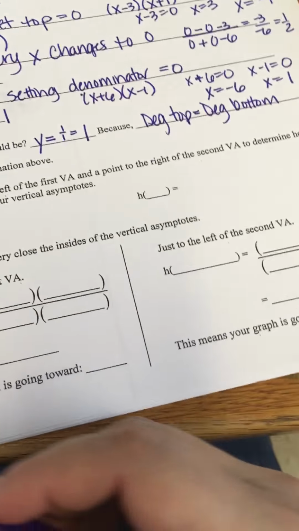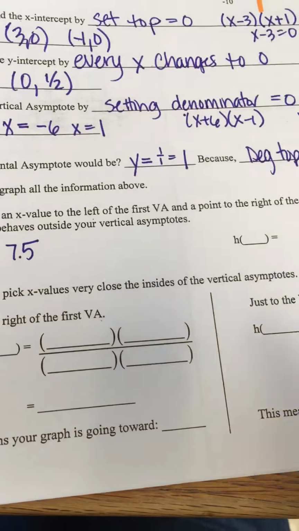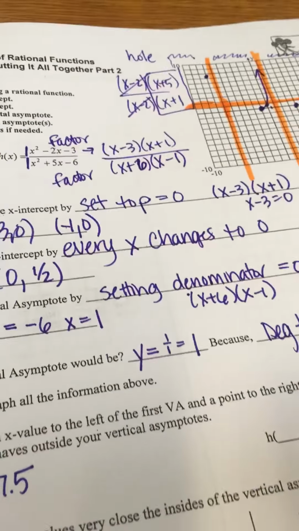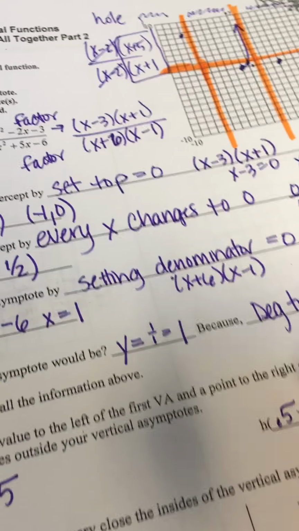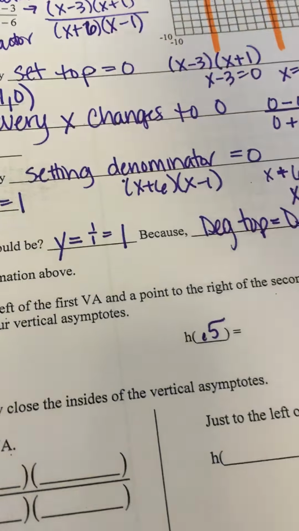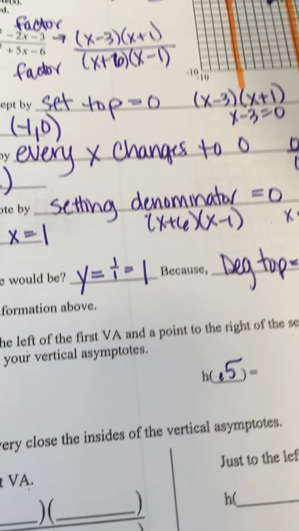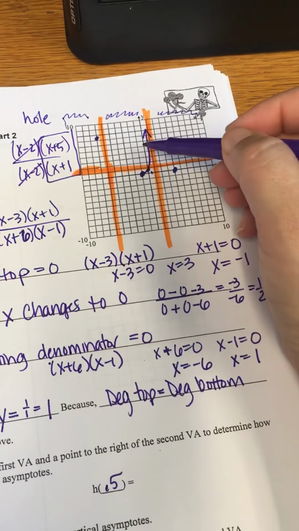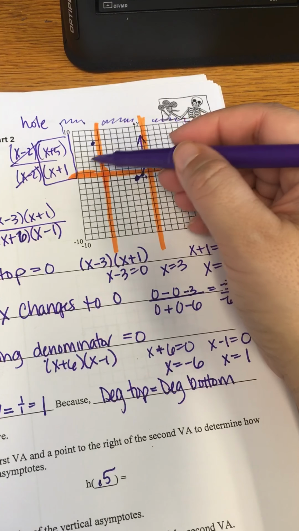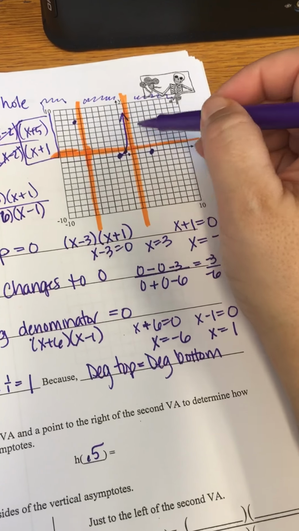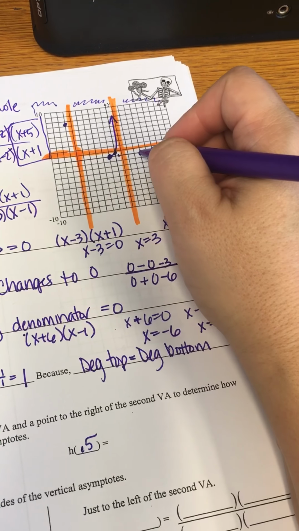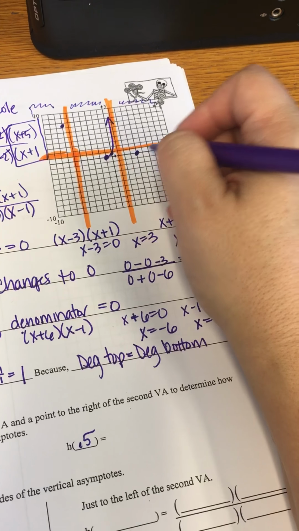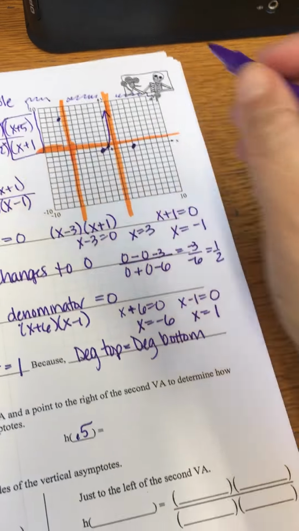I'm worried about what's going on inside the asymptotes, since I have a general idea for the other two. My 2 points here are leading me here, and my third section potentially goes down there. So you just need to get some points.